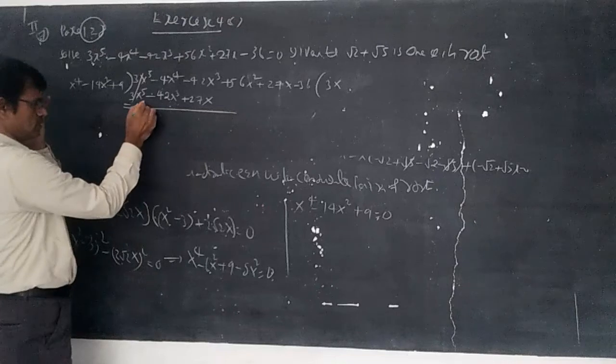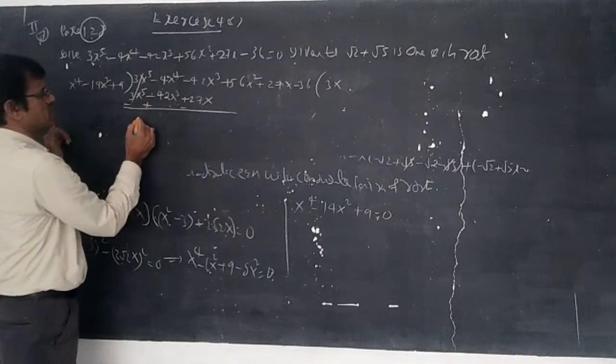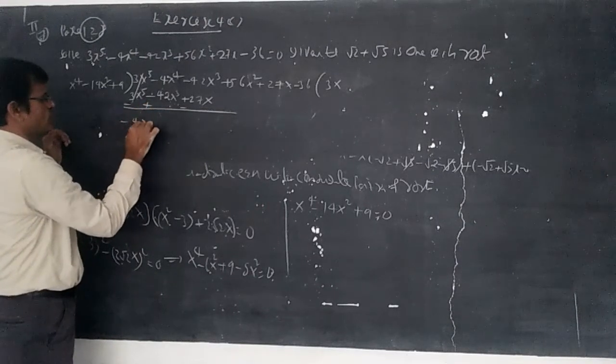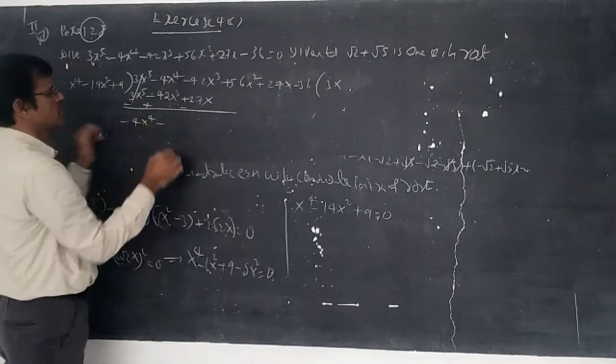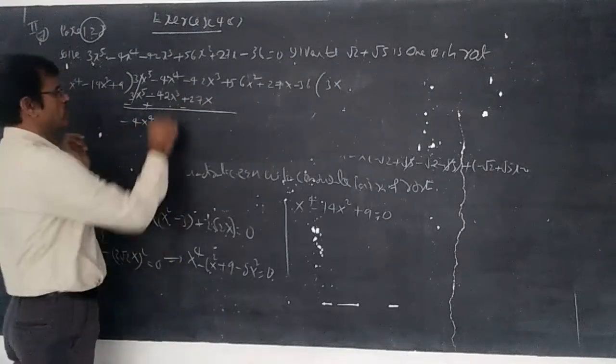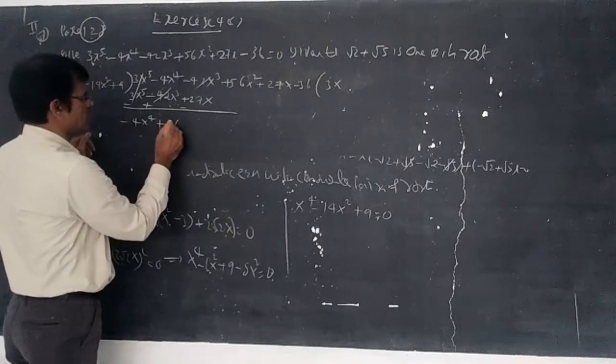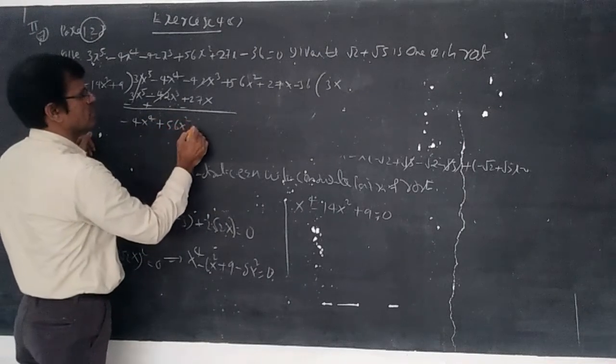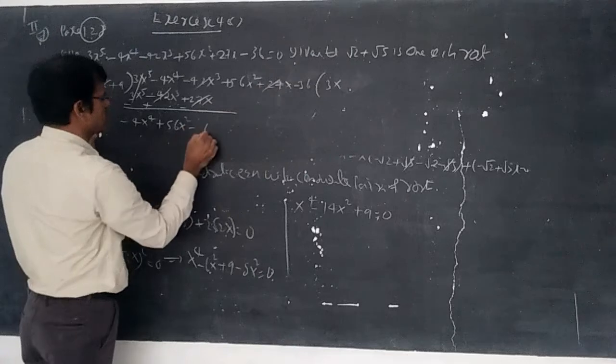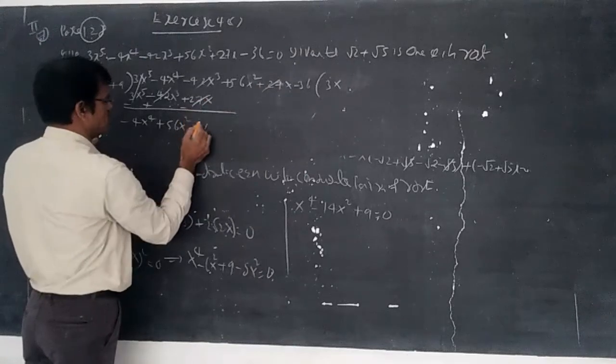Subtract here, this is minus becomes plus. So minus 4x power 4 you should write. Minus 42x cube and plus 42x cube will be getting cancelled. Next drop 56x square, 27x will be getting cancelled, minus 36 you put.